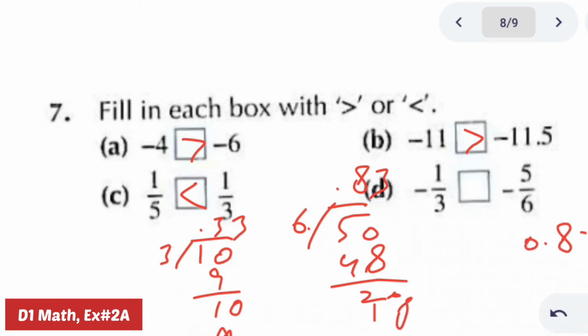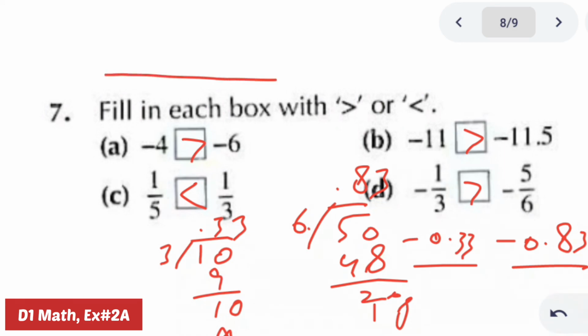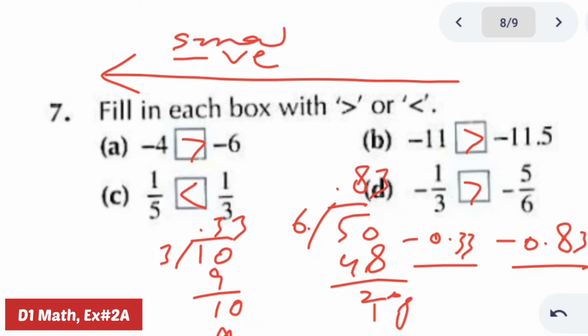So in simplified words we can say that we are going to compare these two numbers, minus 0.33 and minus 0.83, and obviously the number minus 0.33 is bigger than minus 0.83, because on the number line, as the number becomes more and more negative, it becomes smaller.